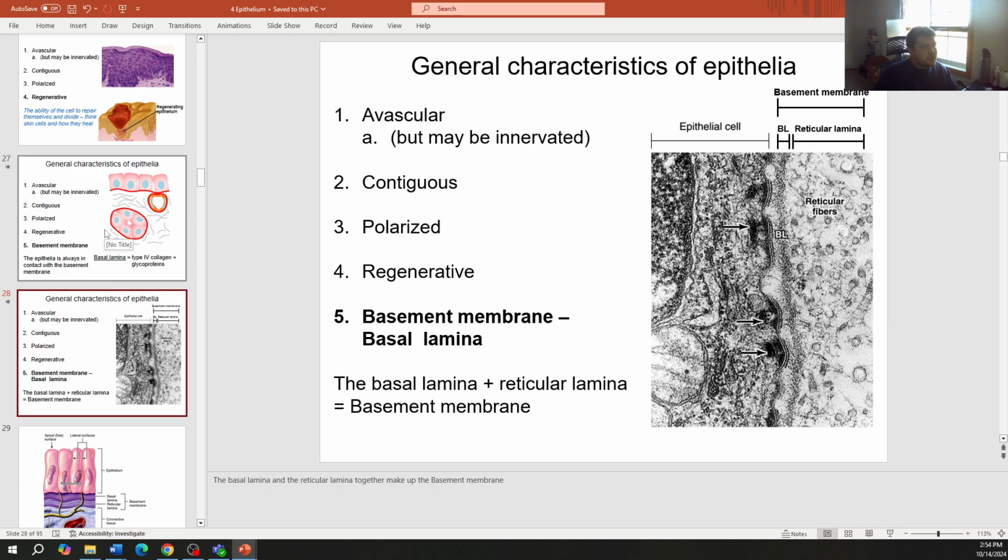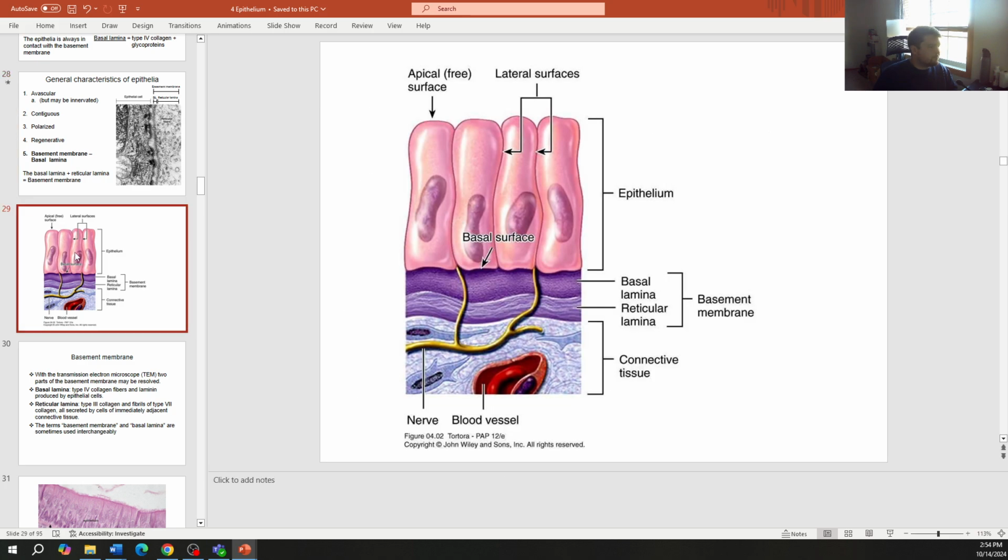We have two different components of the basement membrane. So here's our epithelial cells, and then we have our basement membrane. It's made up of two parts. We have the basal lamina and then the reticular lamina that's even a little bit deeper. So basal lamina is in contact with the epithelial cells. Reticular lamina is a little bit deeper.